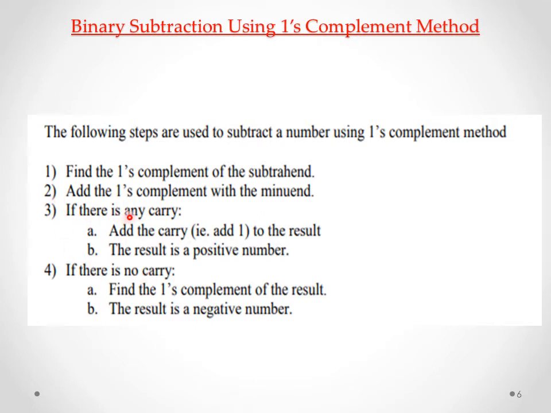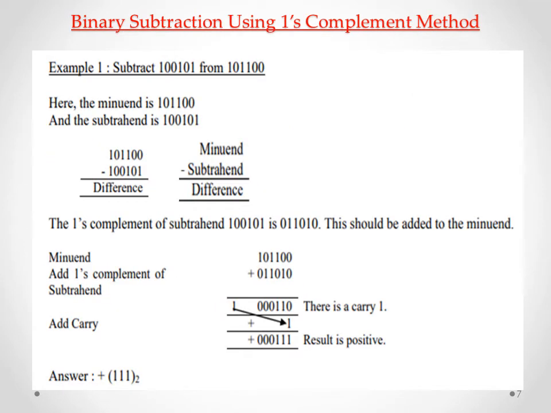So if the carry is present, then add the carry to the result. Then the result is a positive number. Suppose if there is no carry, find the ones complement of the result and the result is a negative number. This is the procedure to obtain the ones complement method.